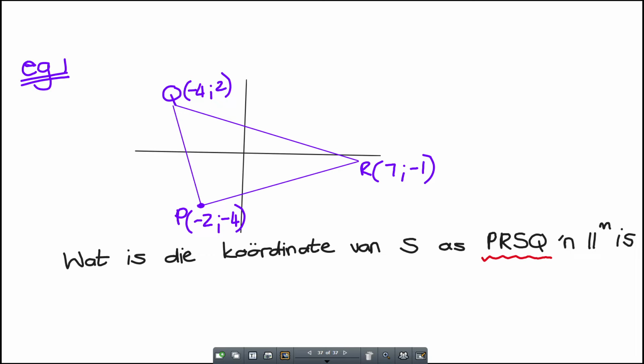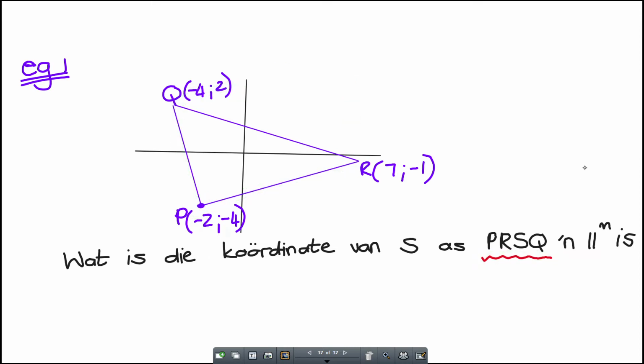PRSQ. So who wants to tell me, where is S going to lie? More or less. Not exact coordinates, let's talk about quadrants. Quadrant 1, 2, 3 or 4. Where is it going to lie? 1, no, because look, they tell you P, R, then it must be S, Q. Okay, so the order over here is important and that gives you an indication of where S would be.